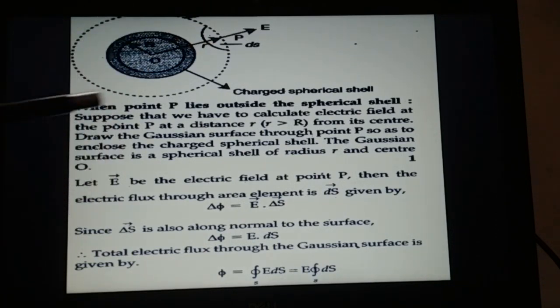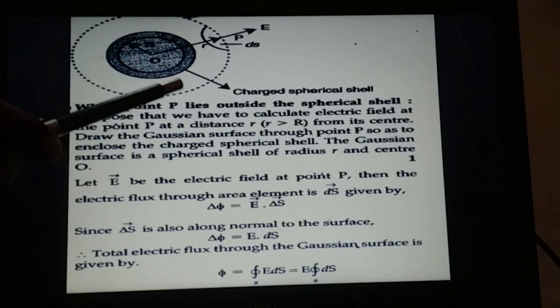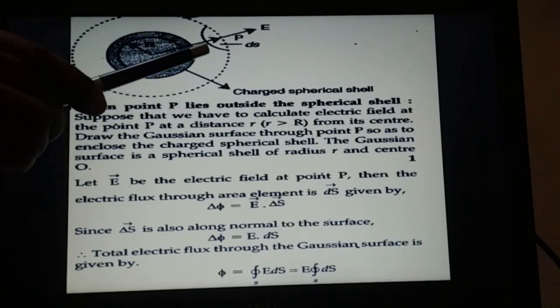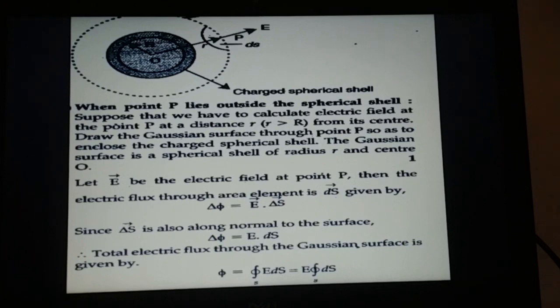See, the point P where the electric field intensity is to be found lies at a distance small r. And to keep that required point P on the circumference of the Gaussian surface, we are considering the Gaussian sphere with radius r. Are you getting that?